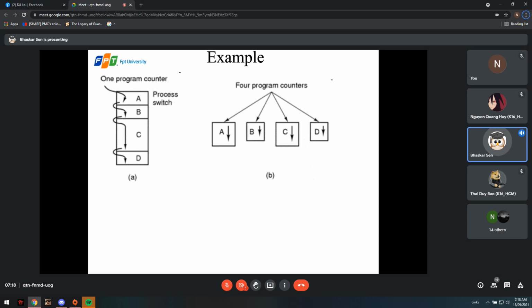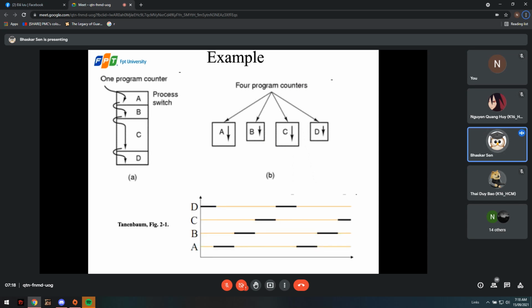Now, if you move on, in whichever way we choose to implement the execution of instructions, it will always look to us as if, as you can see in the third picture at the bottom, the A, B, C, D, these four processes, are running parallel to each other.